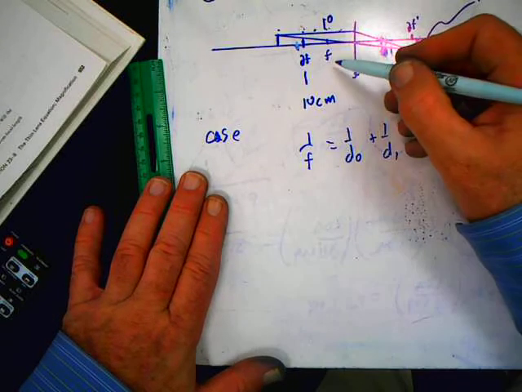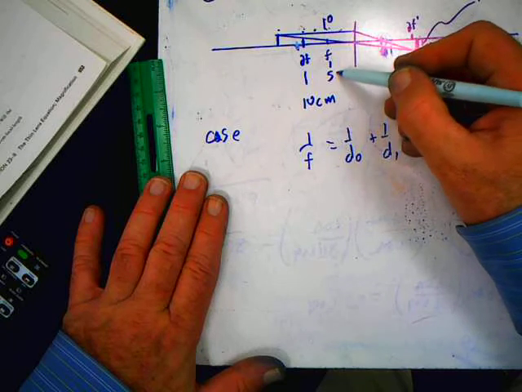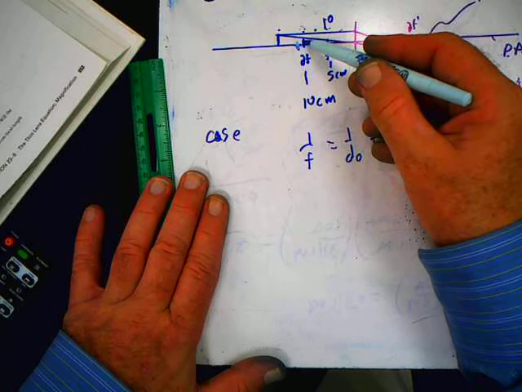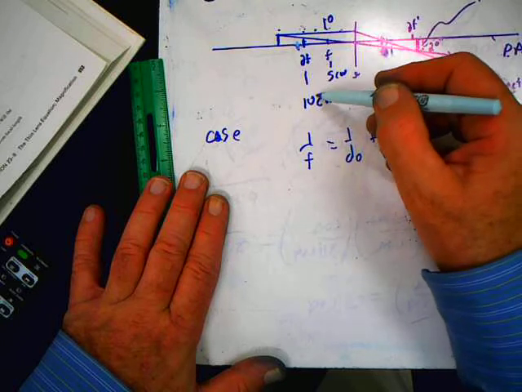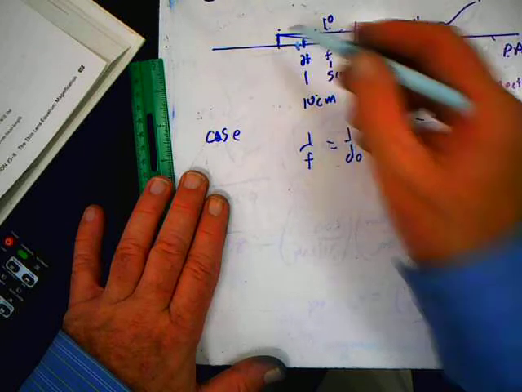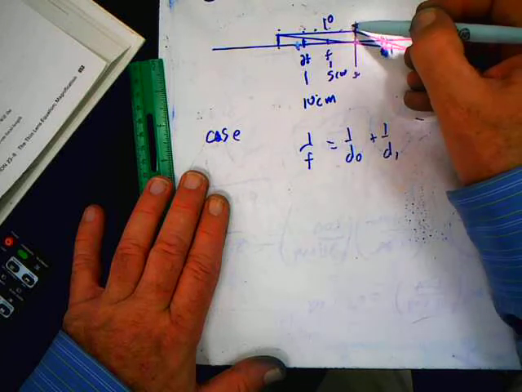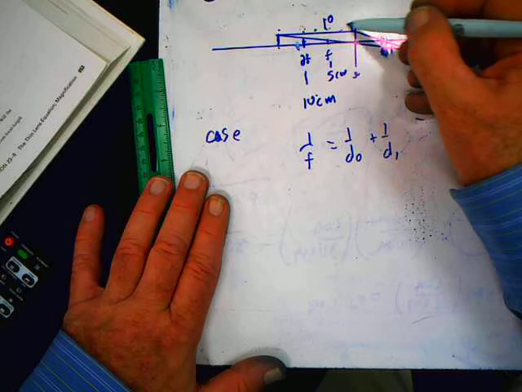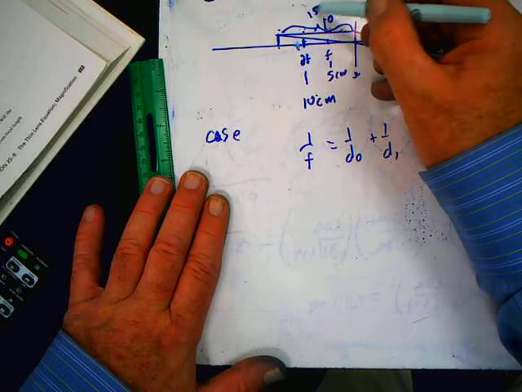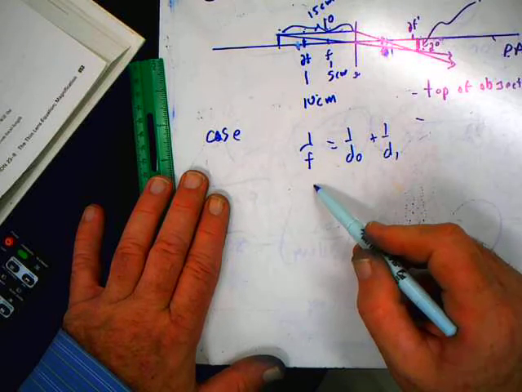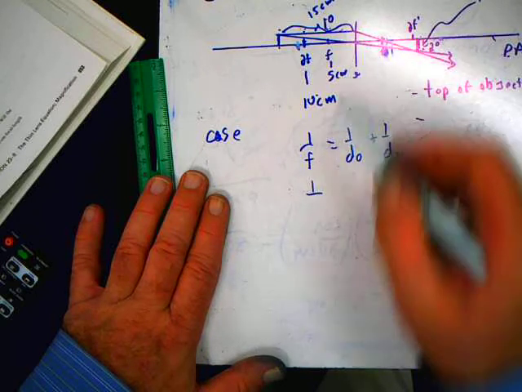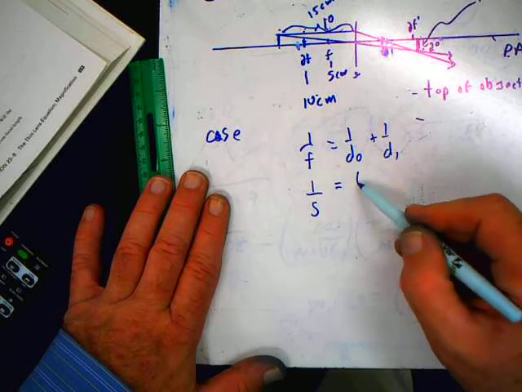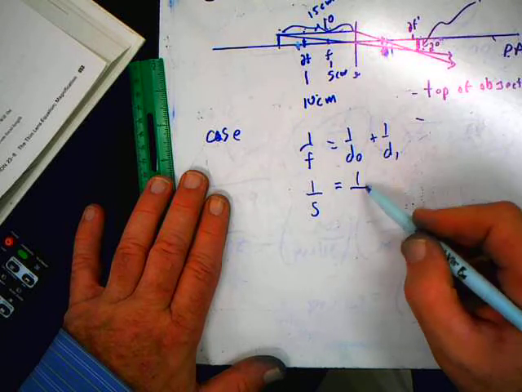If F is 5 centimeters, 2F would be 10, and let's put this at 15. So the distance to the object here, d naught, is 15 centimeters. So 1 over F, and I said F was 5 centimeters, the focal length, this is a smaller lens than the one you have, equals 1 over d naught.